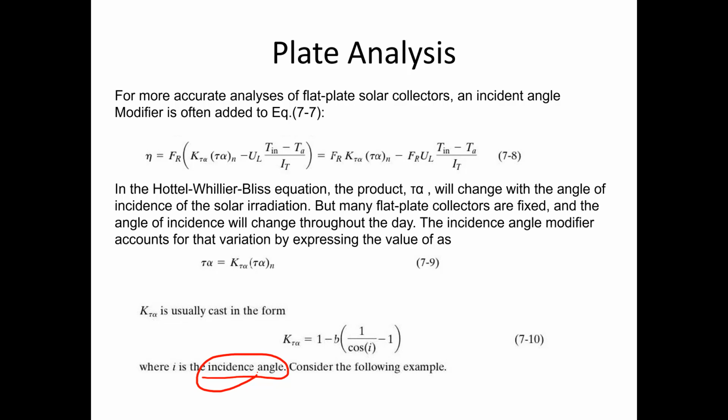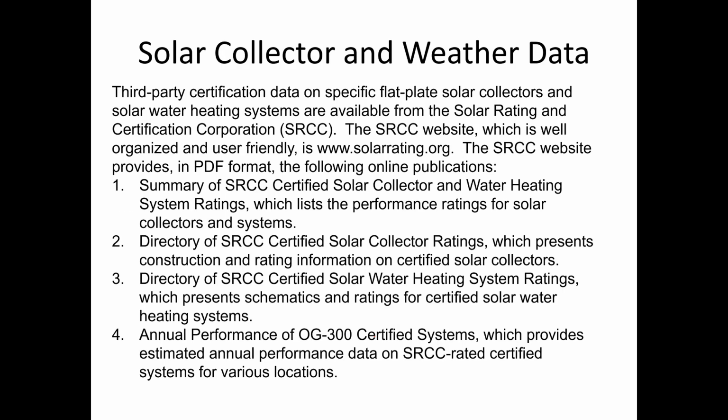Since most flat plate collectors are fixed and the angle of incidence will change throughout the day, the incidence angle modifier accounts for that variation by expressing the T alpha as equal to this modifier multiplied by the original T alpha. So this modifier is expressed as a function of the angle of incidence.